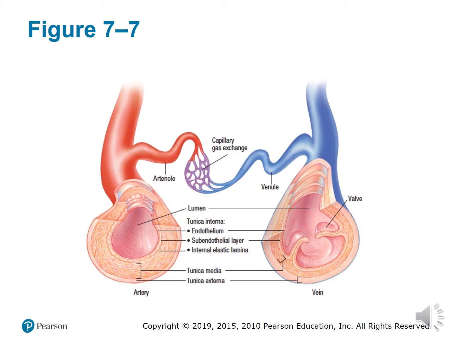From the artery and the vein, you see how right there in the middle, that purple is where the gases are being exchanged.